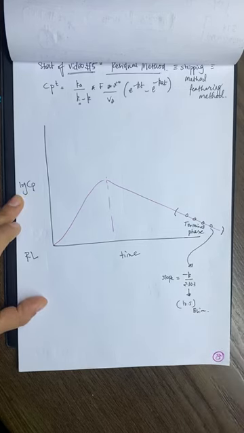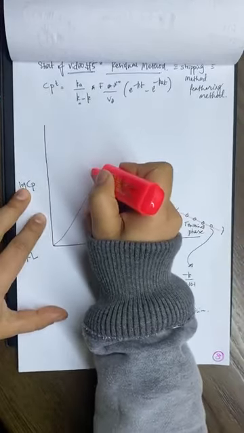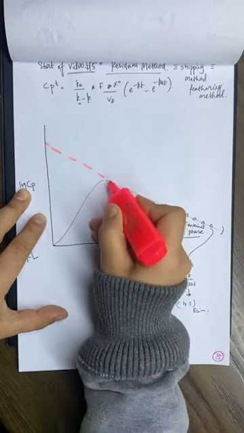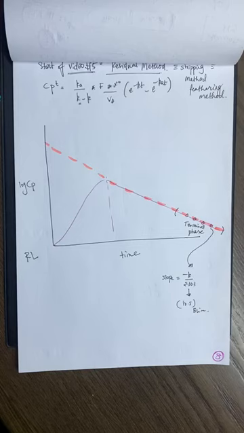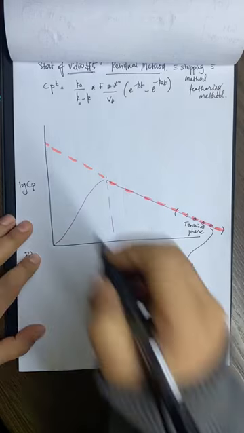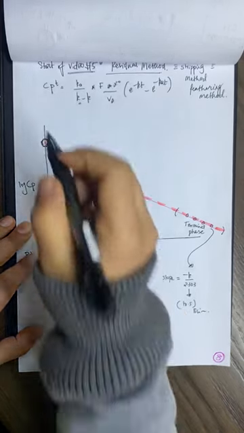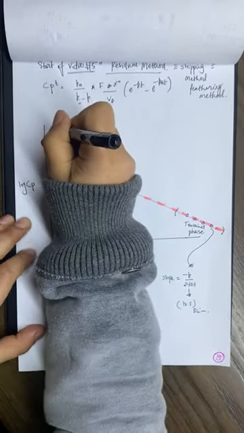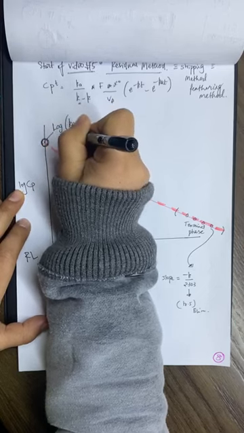I can do an extrapolation, okay, of what? Of the terminal phase linear regression, which I can use to determine what? The intercept, right, which will be equal to log the whole constant.